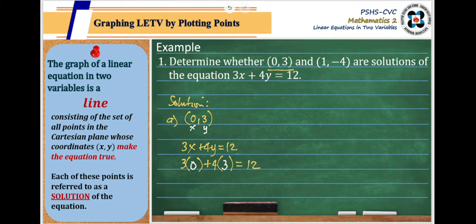Simplifying, we have 3 times 0, that's 0, plus 4 times 3 is 12. And is that equal to 12? So 0 plus 12 is 12, and that is equal to 12. So since the pair of values (0, 3) satisfies the equation, then we can say that (0, 3) is a solution.